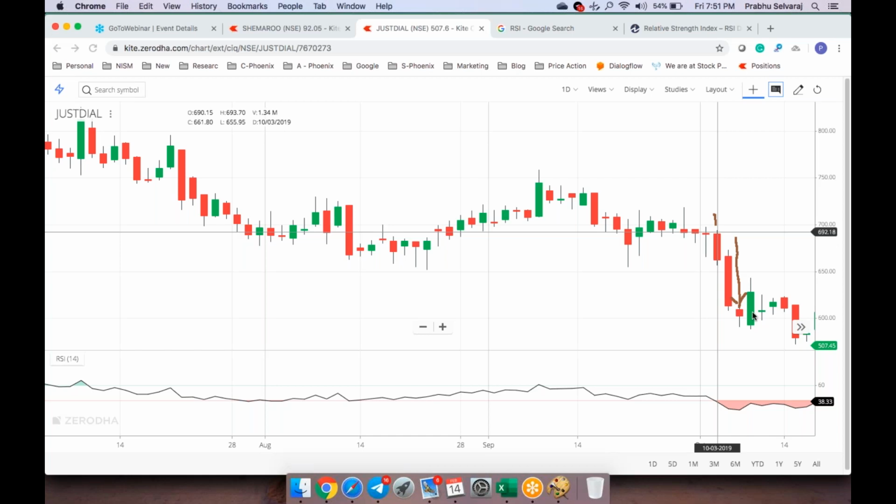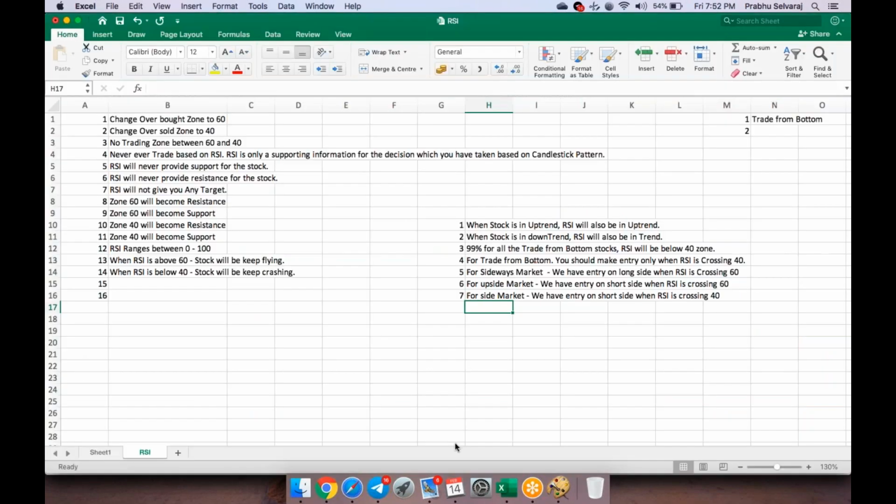This happened because the RSI gave you a sell signal, and as you have learned, as long as the RSI is above 60, the market will be in an uptrend. As long as the RSI is below 40, the stock will keep crashing.